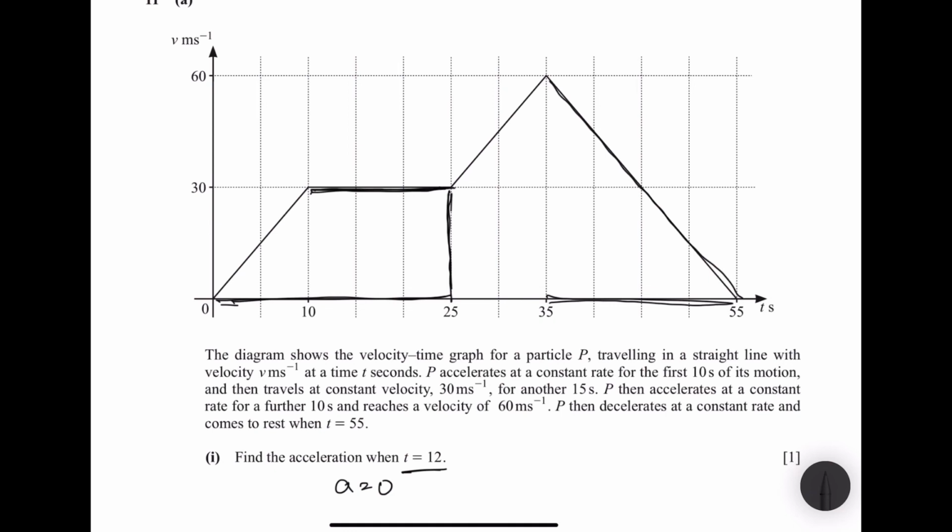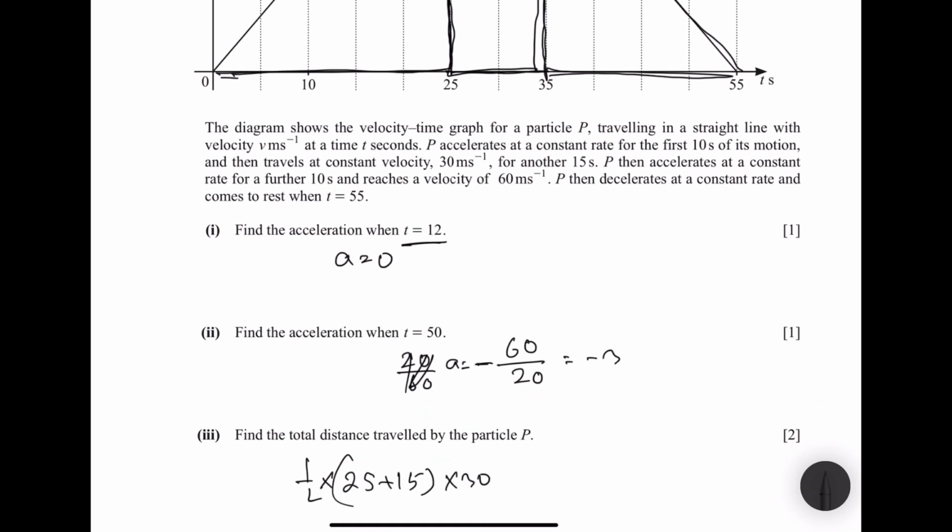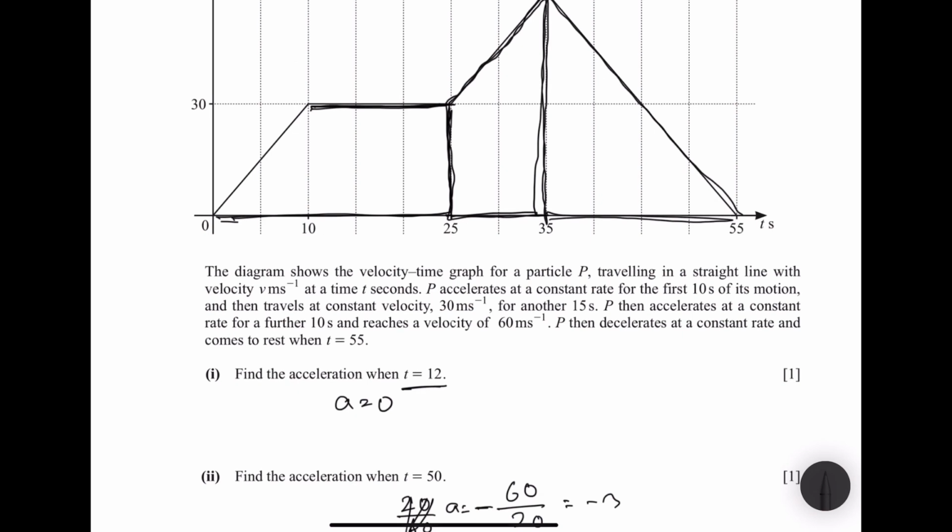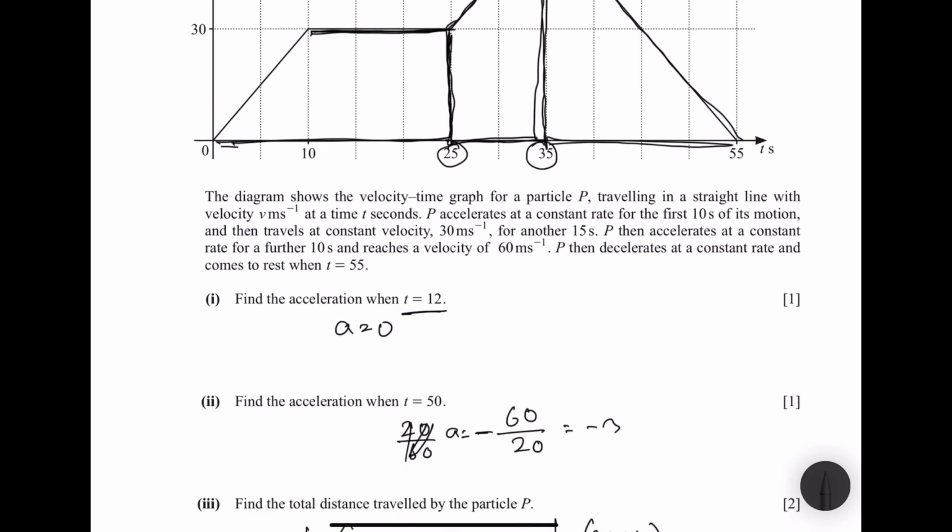Next, we can consider another trapezium here, another trapezium here. So 30 plus 60, and the distance between parallel lines is 35 minus 25, which is 10.